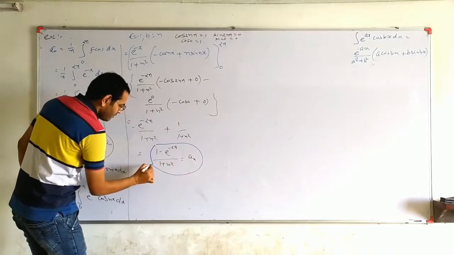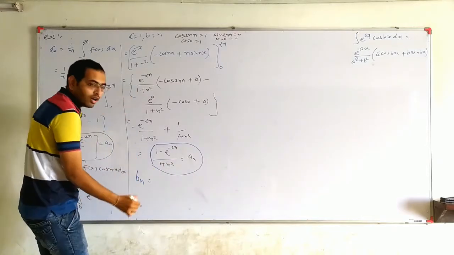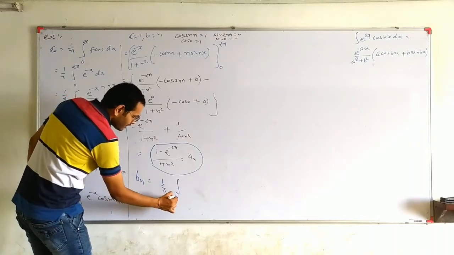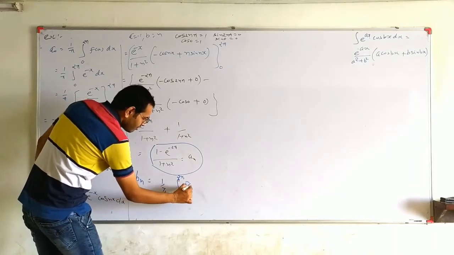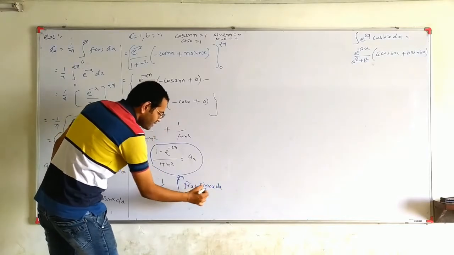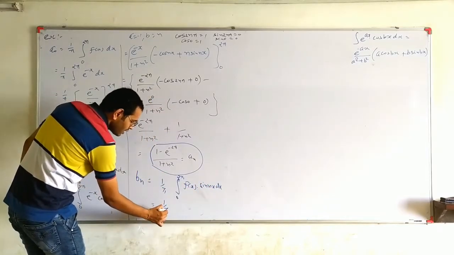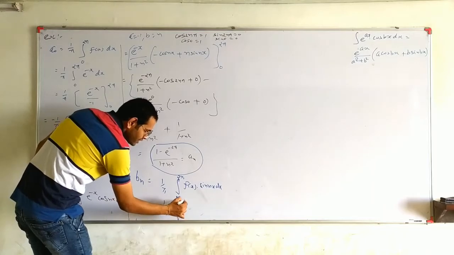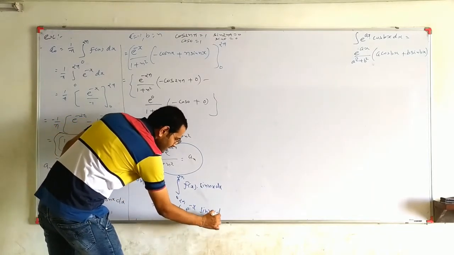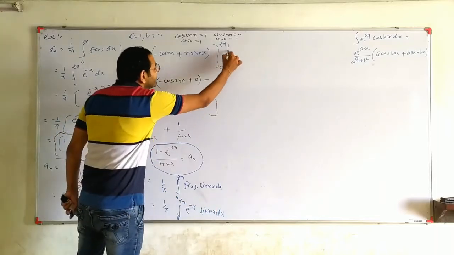Similarly we can find the value of bn. Then 1 upon pi integral 0 to 2 pi f of x sin nx dx. Then substitute the function, that is e raised to minus x sin nx dx.